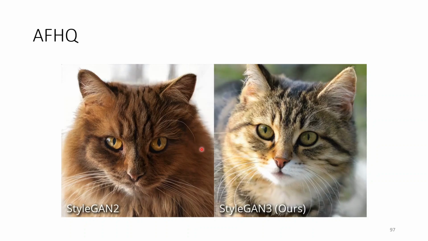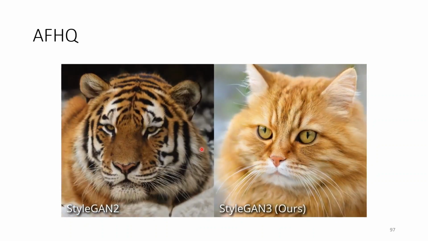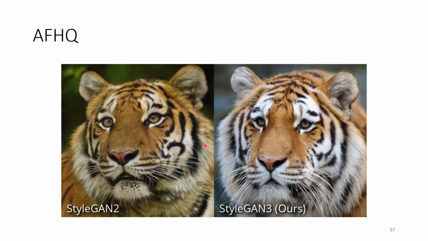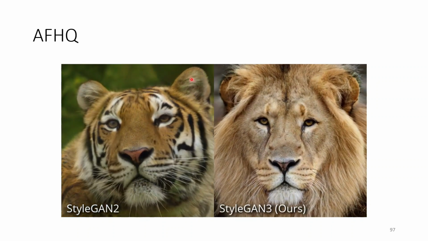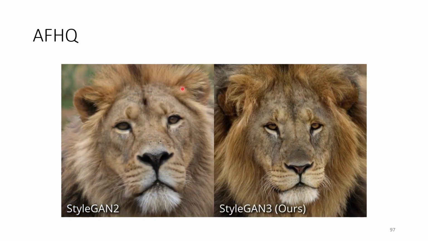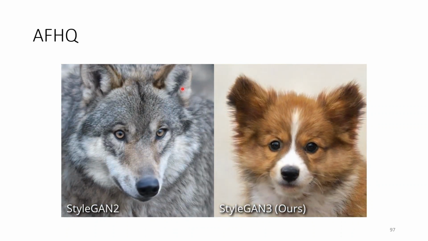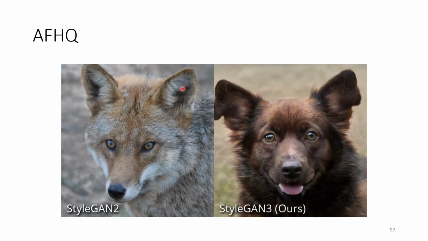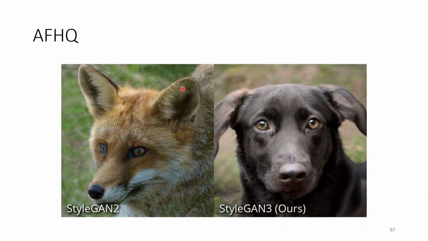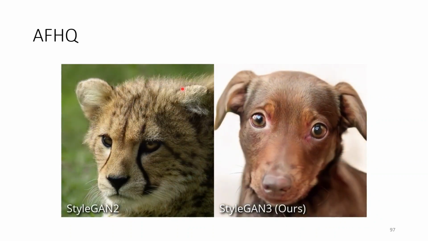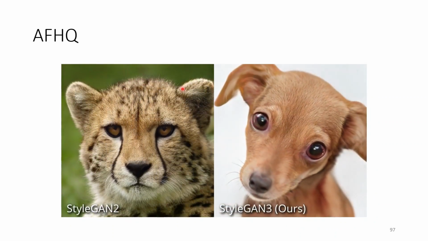In the AFHQ dataset, can you see some? Well, for those of you who have a laptop, maybe it's better to watch the videos using your laptop because the contrast here is not very good.